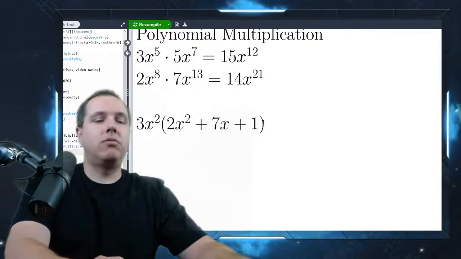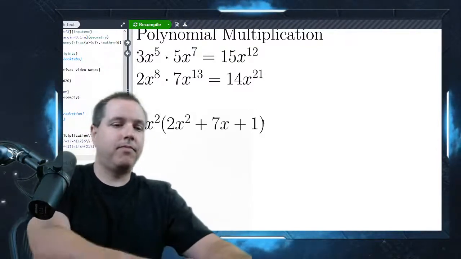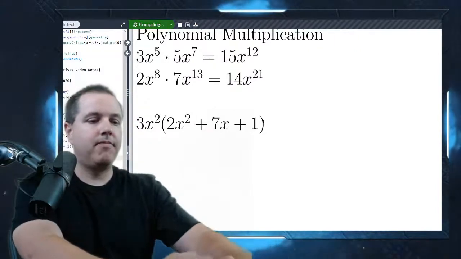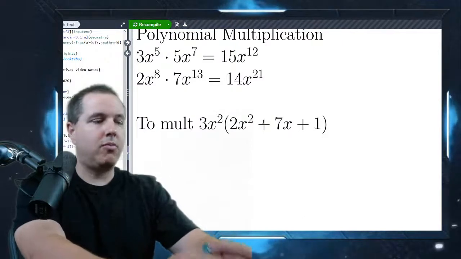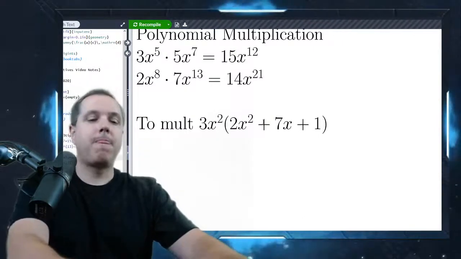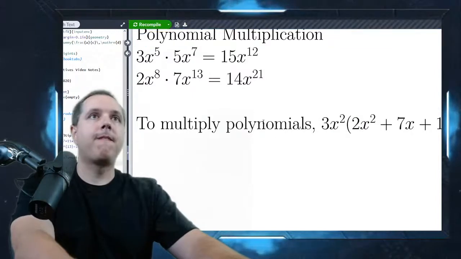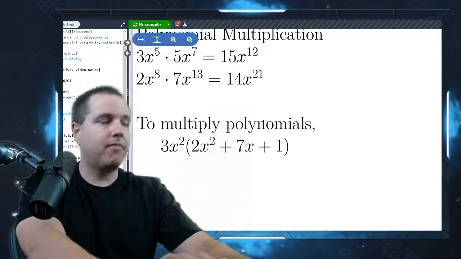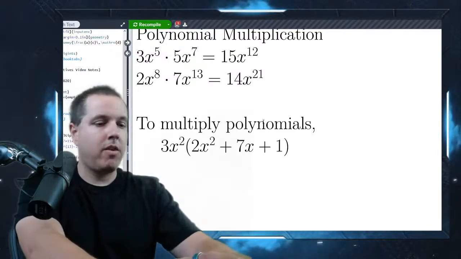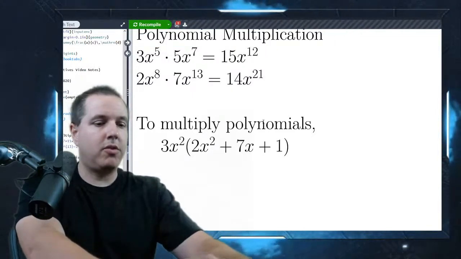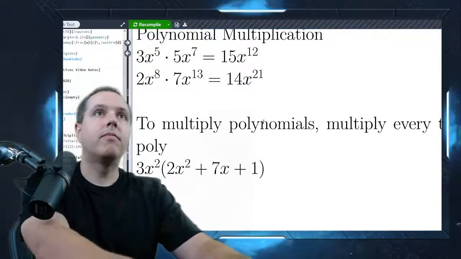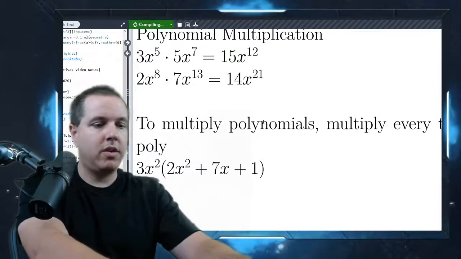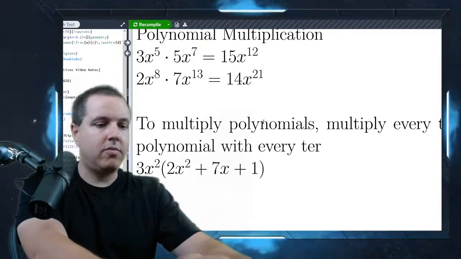Let's see. So polynomial multiplication. To multiply polynomials, we multiply every term in one polynomial with every term in the other polynomial.